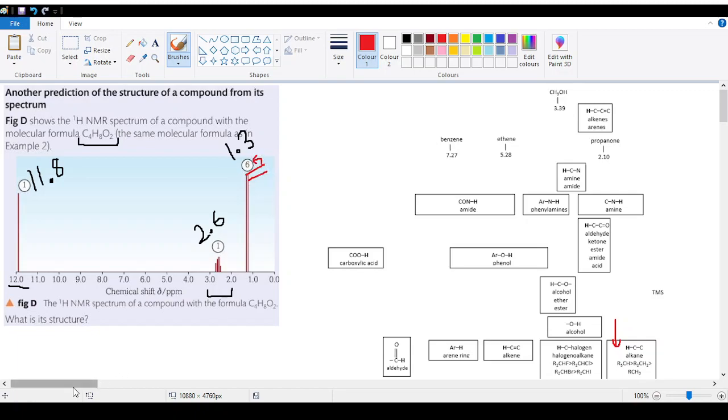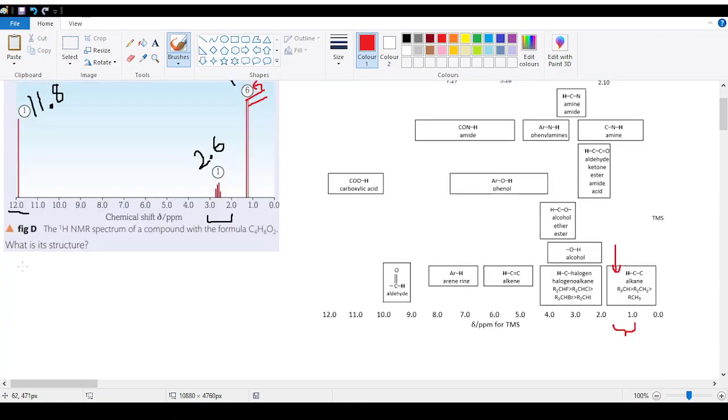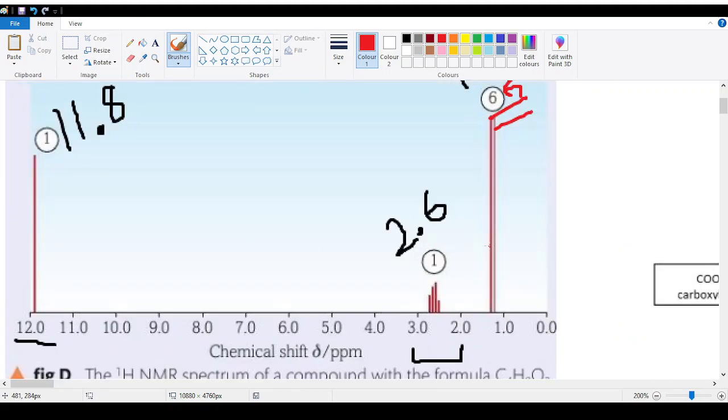Relative area. That means how many hydrogens were responsible for this peak? 6 hydrogens. So it's probably something like CH3 and another CH3, with the same environment. So we know there are two CH3 groups. And from this graph, does it look like a singlet, doublet, or quartet? What does this one look like?